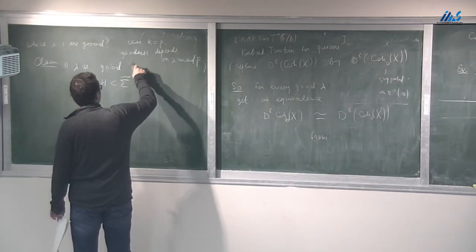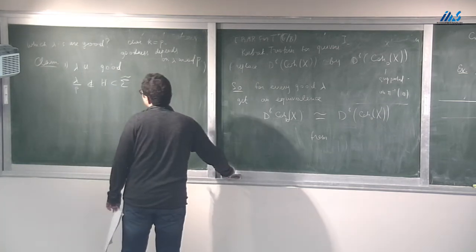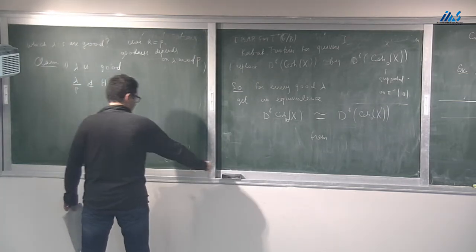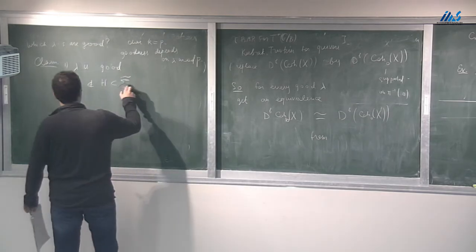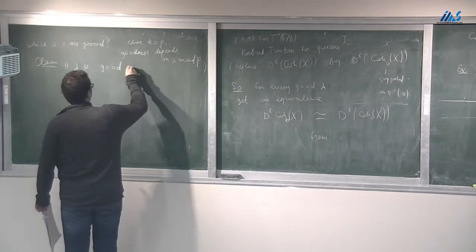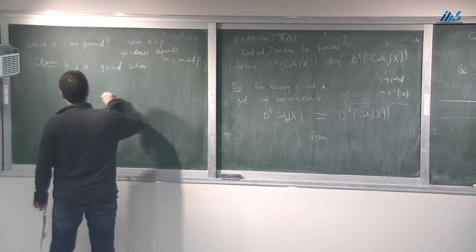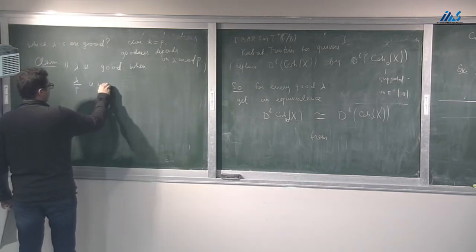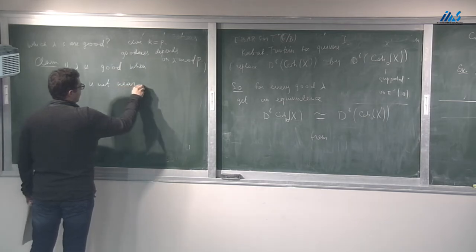What you write is good when lambda over p is not near a hyperplane.